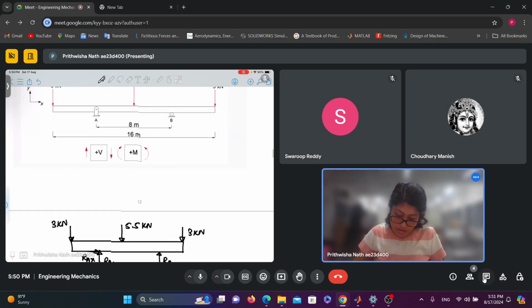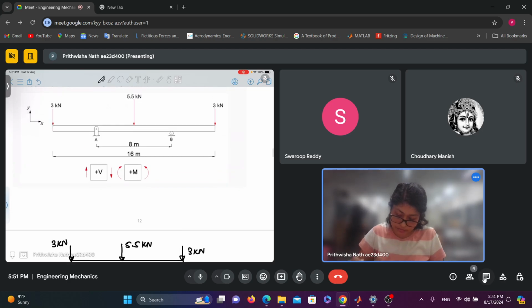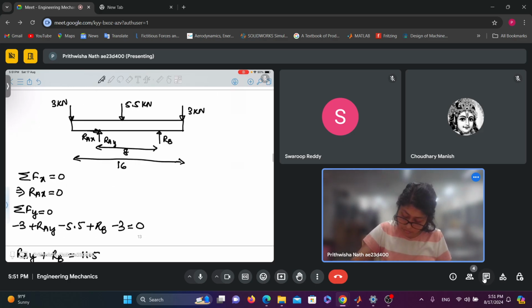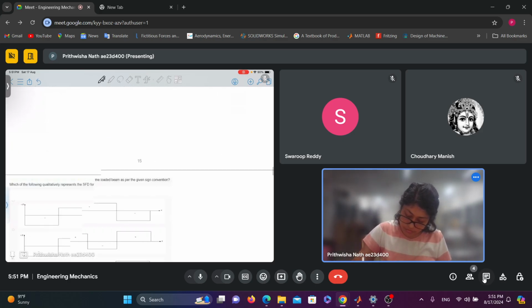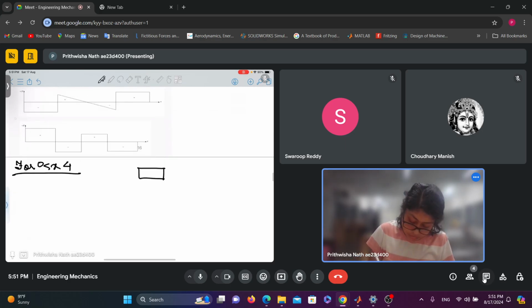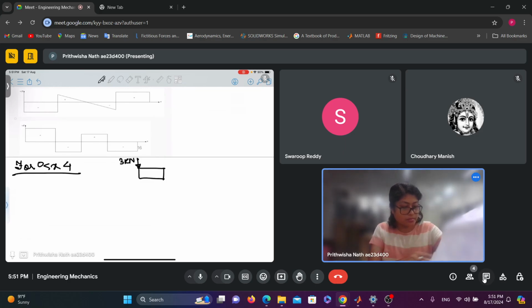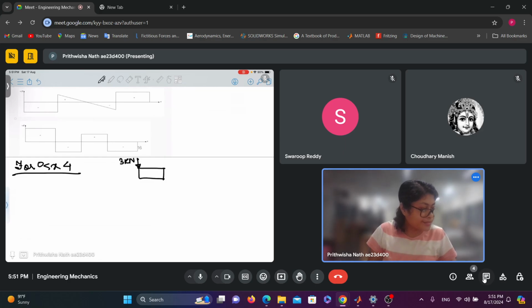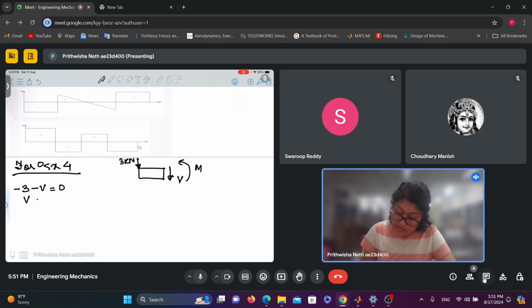So from 0 to 4, that is this section, 3 kilonewton is acting here. Now, minus 3 minus V equals 0. So V equals minus 3, right?